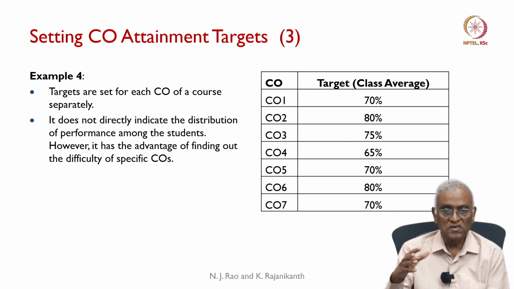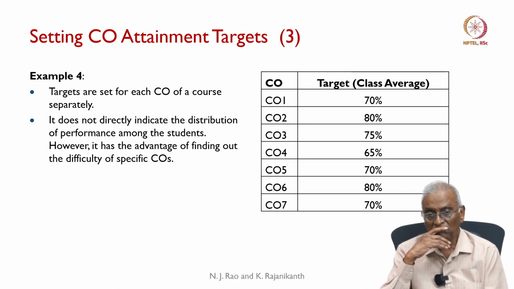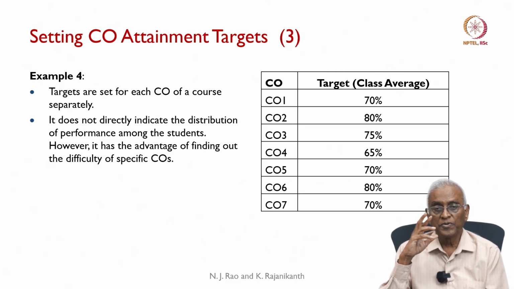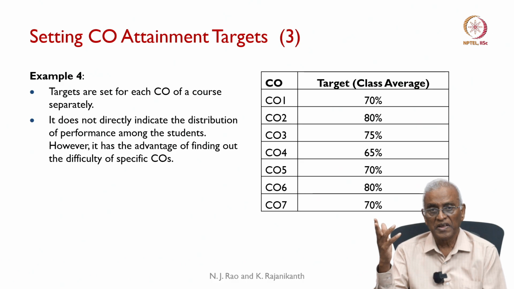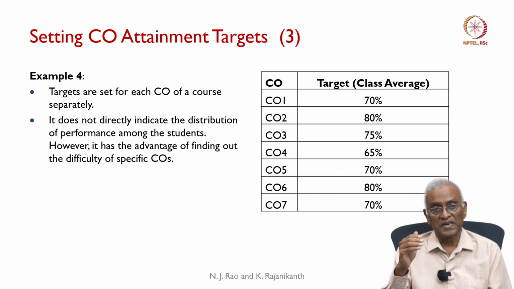When I actually take the class average marks, it turns out to be 60. There is something wrong with that. That means the students haven't been able to achieve it, and I need to do something about instruction related to that particular CO. Or I have put my target very high. But you have to be careful in setting up the targets.